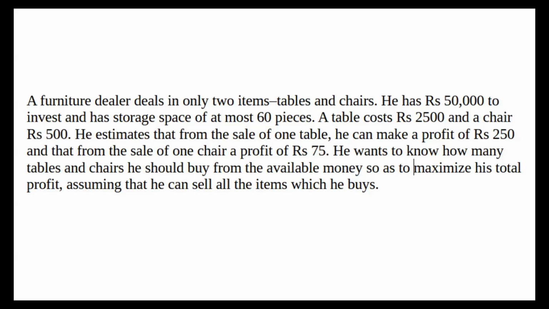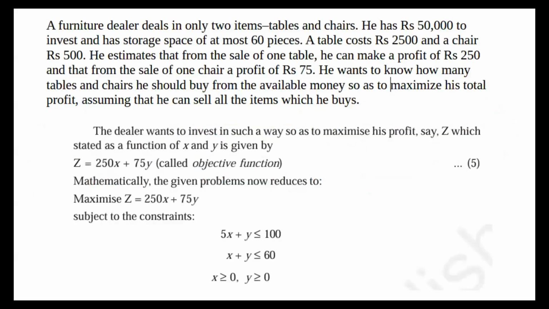Good. So let's take the same problem. And he wants to maximize his profit. So this is the objective function here, z equals 250x plus 75y, because he's making 250 profit on a table and 75 from a chair.